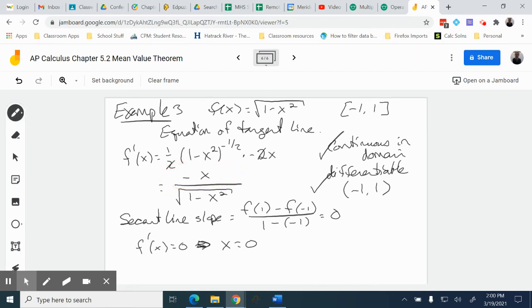The only possibility is that x is equal to 0. So then the question is, what's the equation of this line? Well, the secant line has a slope of 0, and so f of 0 is equal to square root of 1, which is 1, which means that the tangent line has the equation y equals 1.